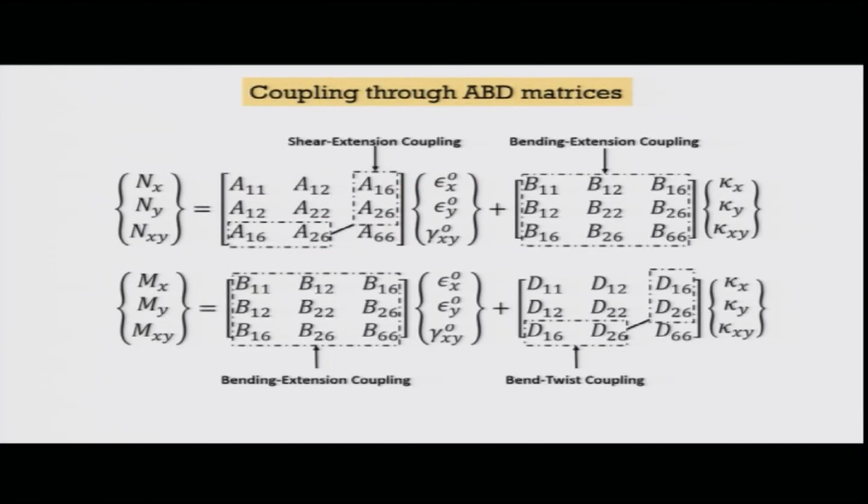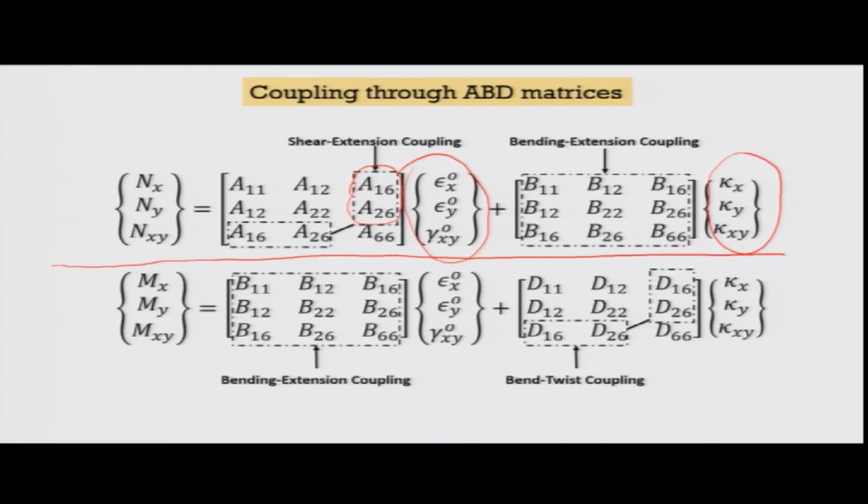If we look at the ABD matrices, this time we have split it into 2 parts: the normal and shear stress part, the force part so to say, and the moment part, separately. The force part is once again subdivided into 2 parts, the mid plane part and the curvature part. Looking at the mid plane part first, the A16, A26, what does it tell us?